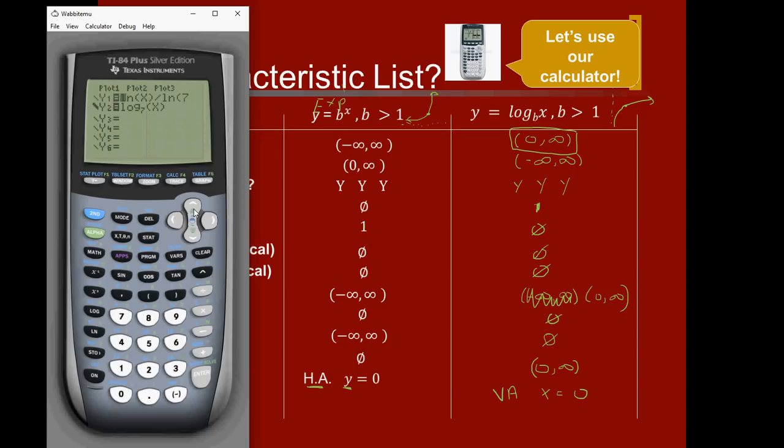I could also, of course, have done base 10, log x, parentheses, don't forget Aunt Sally, divided by log 10, and I should close my parentheses, but I don't have to. And show you that that also is the exact same graph.